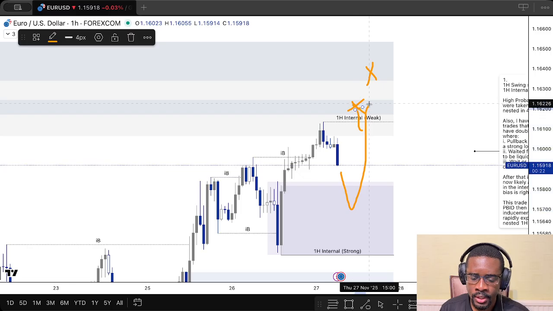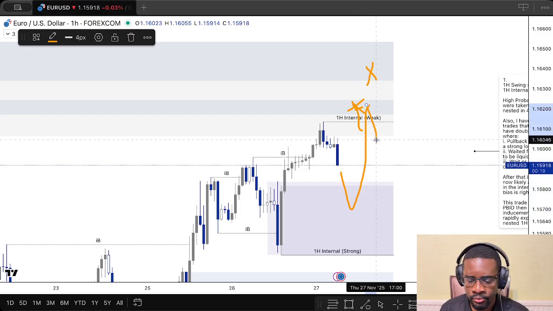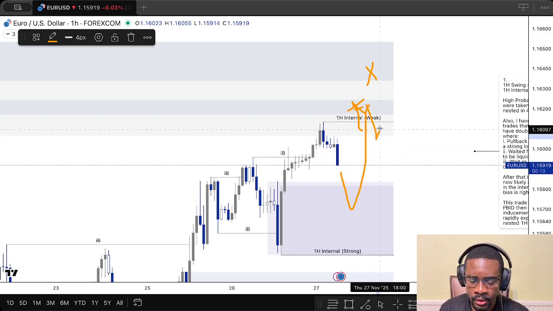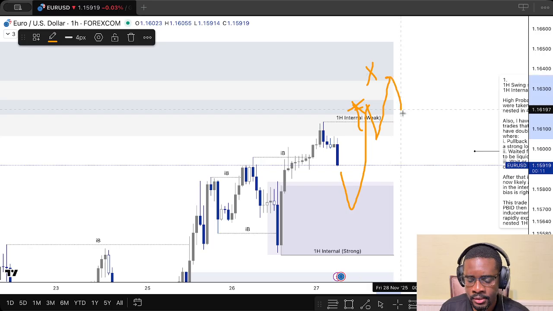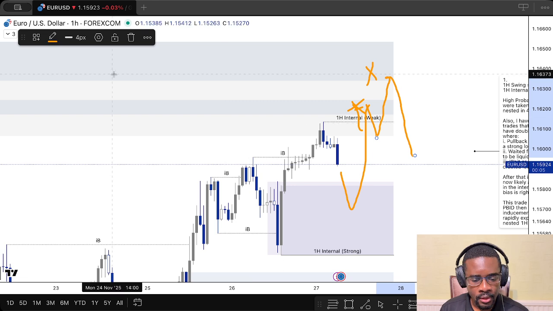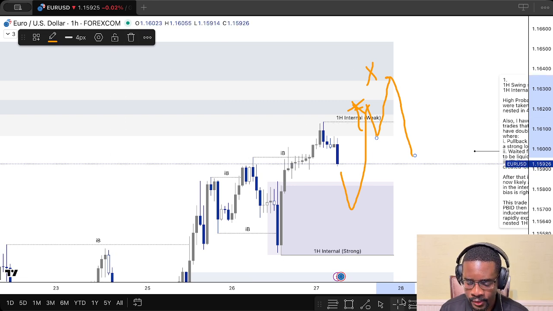And then when it mitigates here, then maybe we could start to have a change of character to the downside. All right, and then we have a break, and then maybe mitigate that, and then eventually finally have a drop. All right, so that's a guide for today.